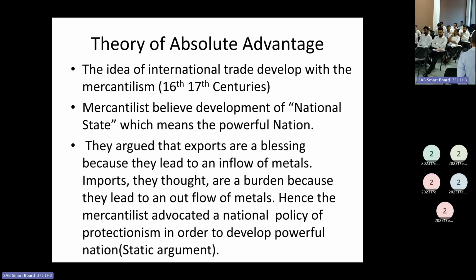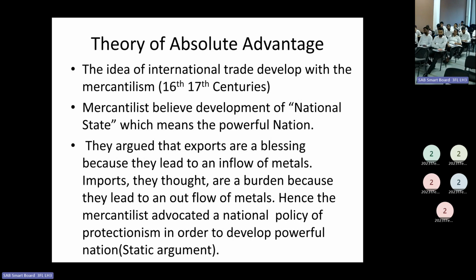Before that, in the 16th and 17th centuries, there was an ideology called mercantilism. The trade started with mercantilist ideas.